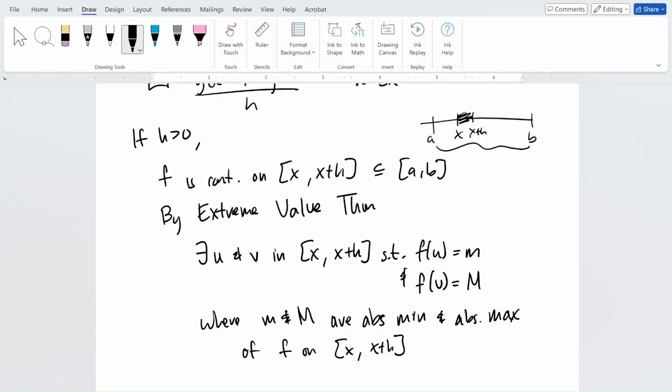So these are the largest and smallest values that we're working with. If you're thinking about the diagram that I have right above as my number line, we have that u and v are somewhere in here, and I drew it in blue.